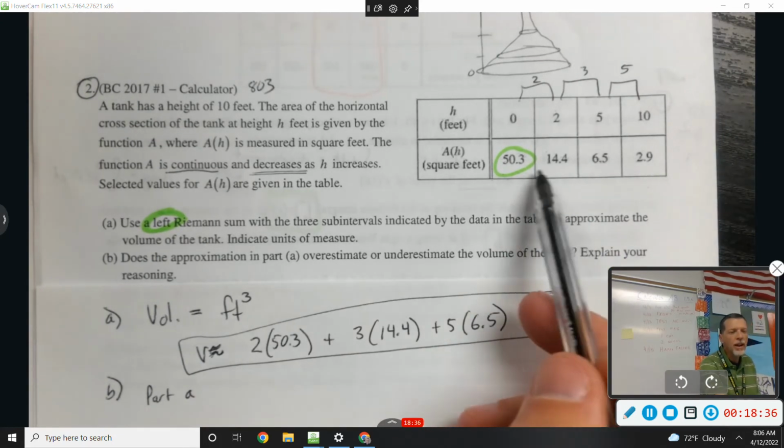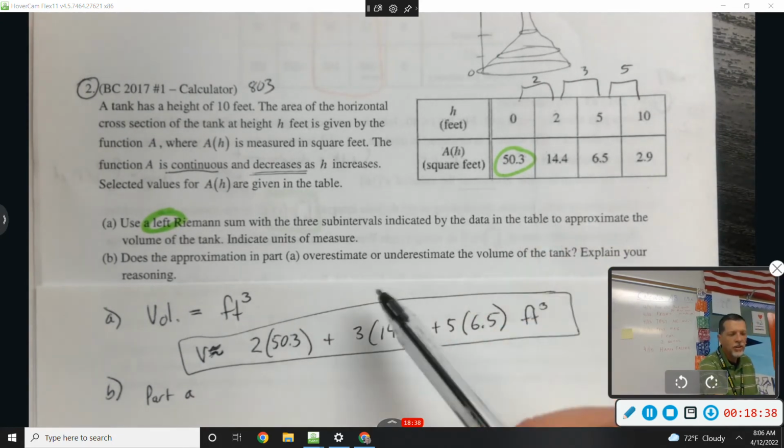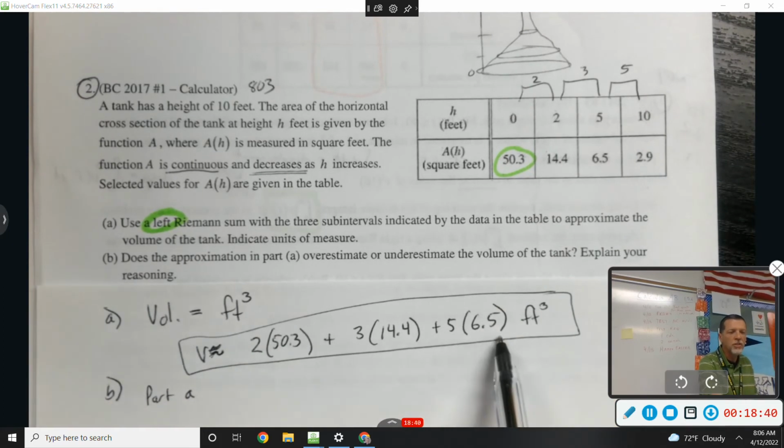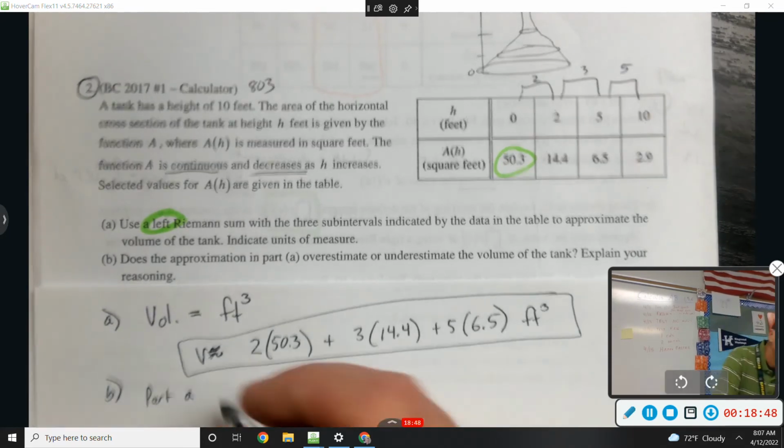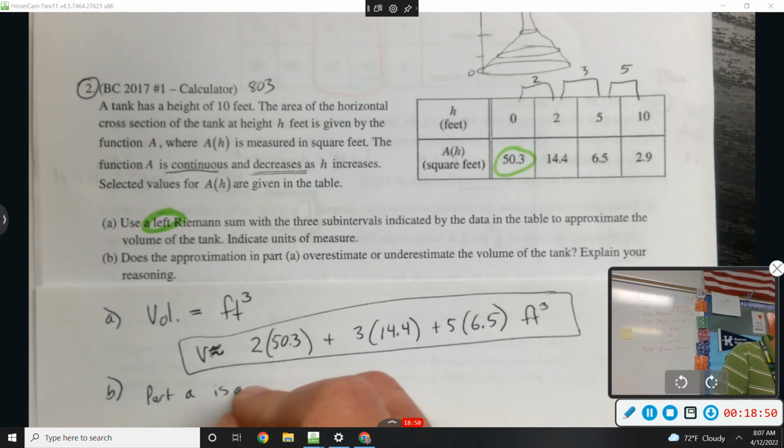In each of these subintervals, we're always using the bigger number. So it's got to be an overestimate. So Part A is an overestimate.